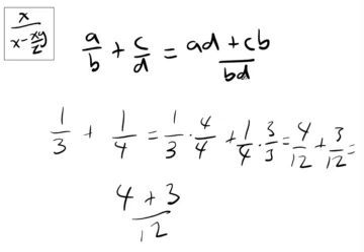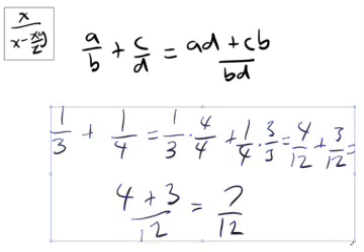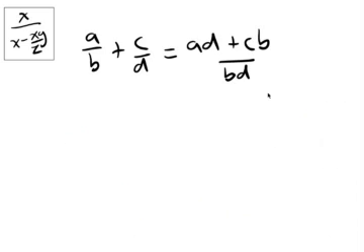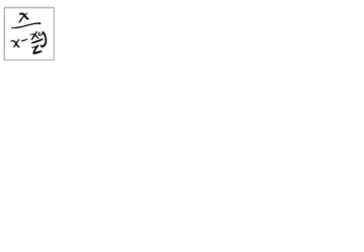And bd, 3 times 4 equals 12, which gives us the answer of 7/12. But we weren't really looking for the answer. What I really wanted to show you was simply how this works. Now that we know how it works, let's see if we can apply it.